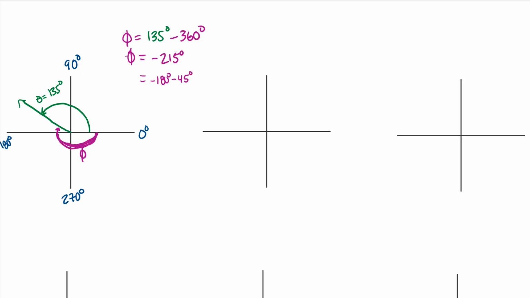Because 180 and negative 180 are the same thing, right? It doesn't matter if you do a 180 to the left or a 180 to the right, you're still going to point at the same spot. So doesn't it make sense that this would be negative 180 degrees, and that this one would be negative 45 to get there? That's a coterminal angle. That's just the way we can find a coterminal angle. So we found our phi.